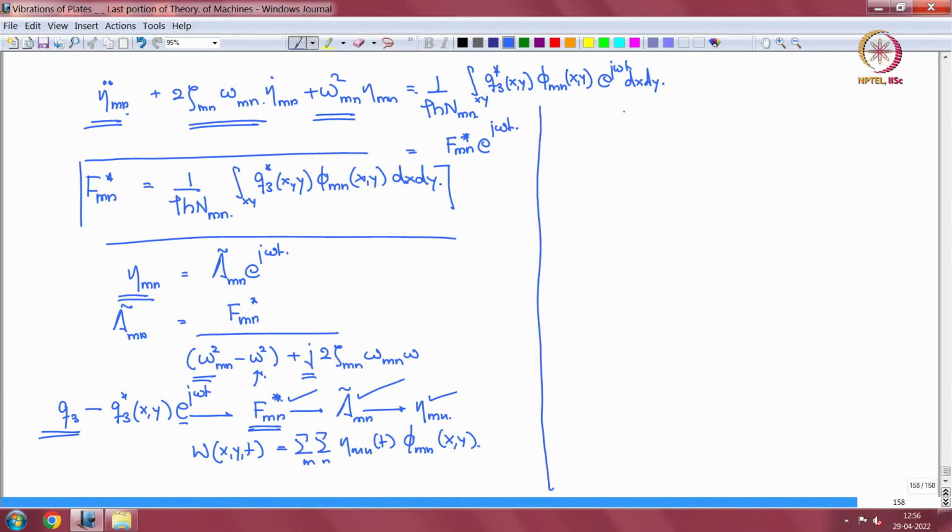Okay, I did not specify steady state harmonic response. Okay, is where the initial condition effects or transients have died out.